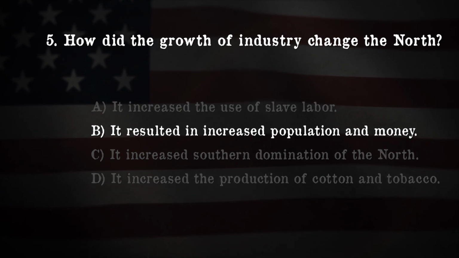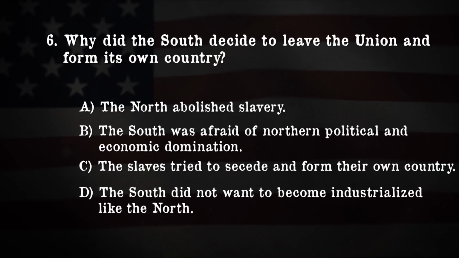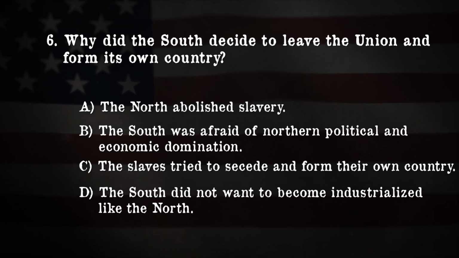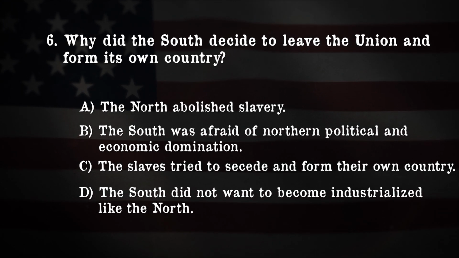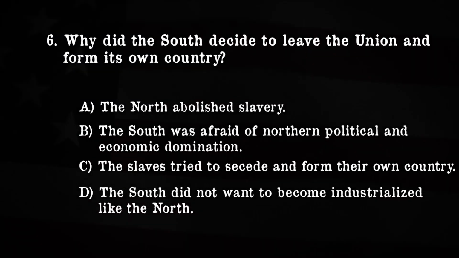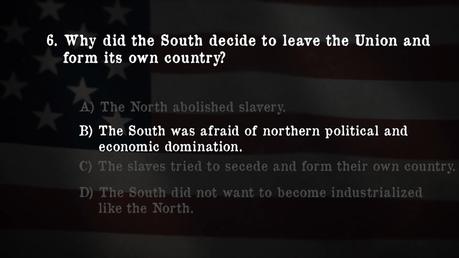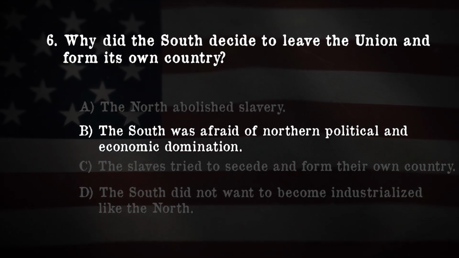The growth of industry in the North resulted in increased population and money. Why did the South decide to leave the Union and form its own country? The South was afraid of Northern political and economic domination.